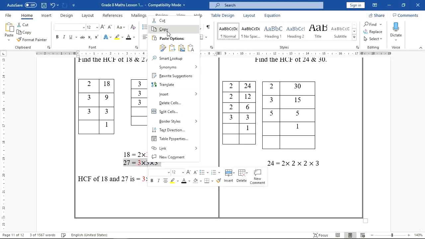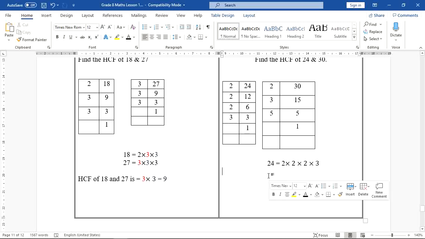Copy this, bring it here. So 30 is equal to 2 times 3 times 5.